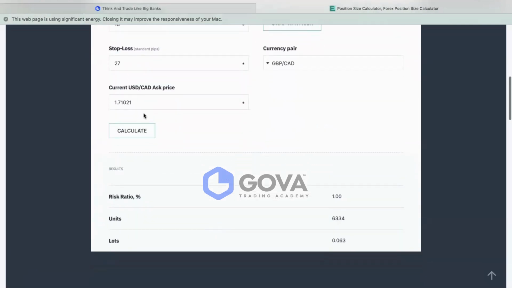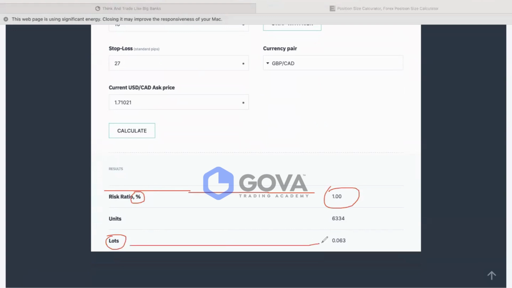You can see right now, the calculator has given me the lot size to use. The calculator is telling me that I'm risking 1%, as you can see. And also, the lot size is what we need to focus on.